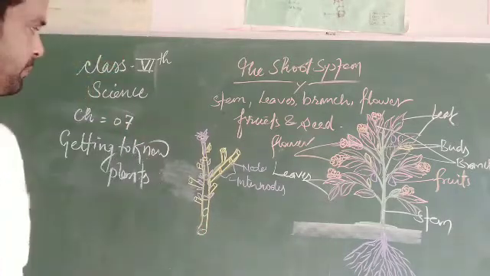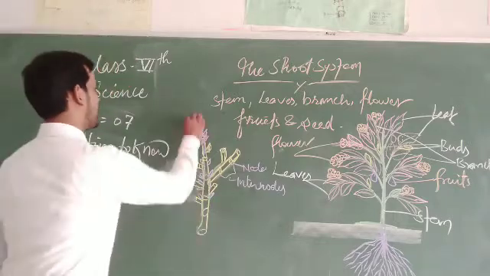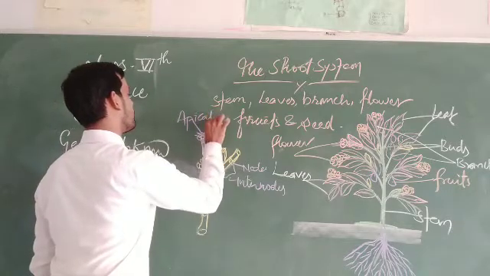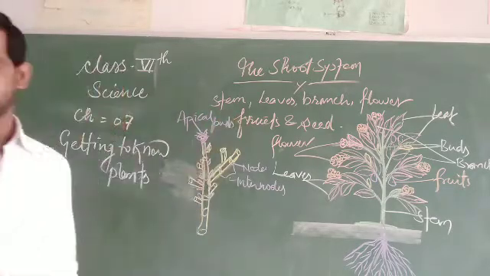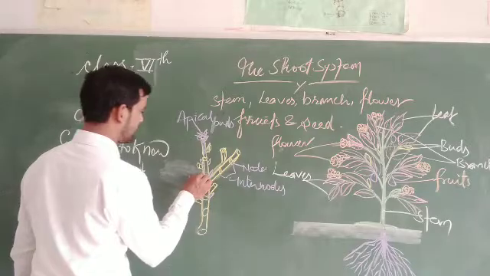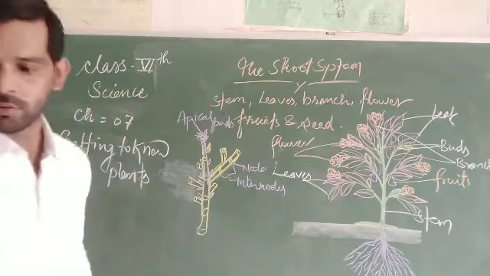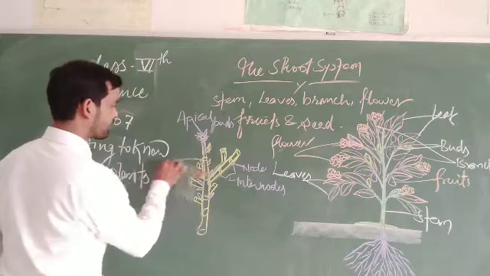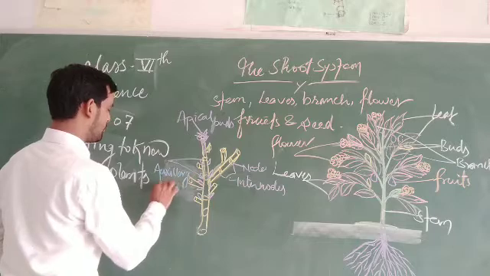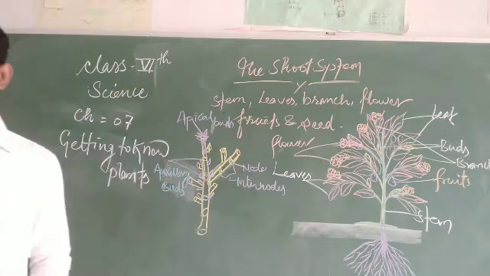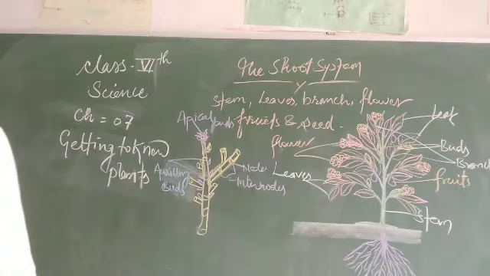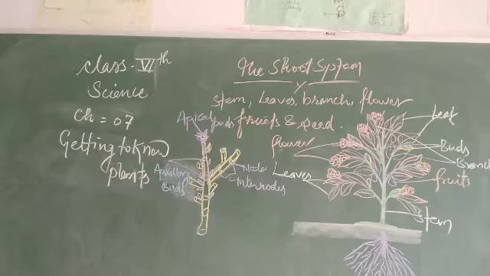Here you can see the nodes, internodes, the apical buds, and some of the auxiliary buds. These are the auxiliary buds, and the others are nodes and internodes and apical buds.